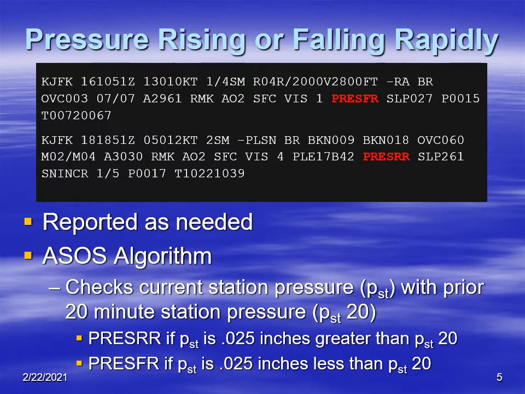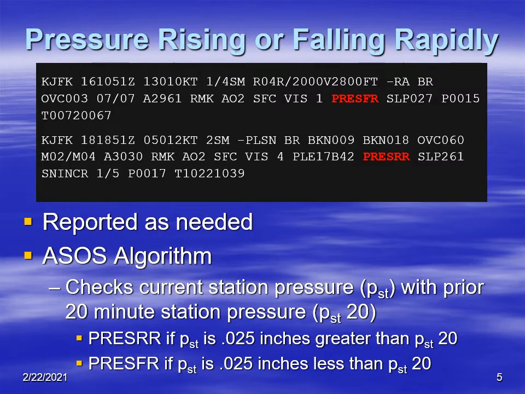Pressure rising or falling rapidly is reported as needed at select locations. The ASOS determines that pressure is rising rapidly or falling rapidly by looking at the current station pressure and then comparing that with the station pressure 20 minutes prior.